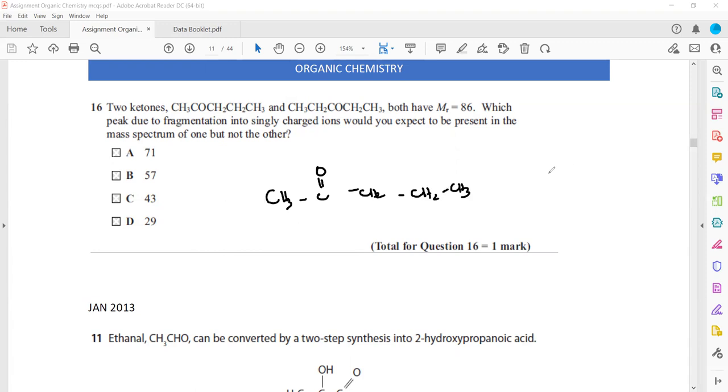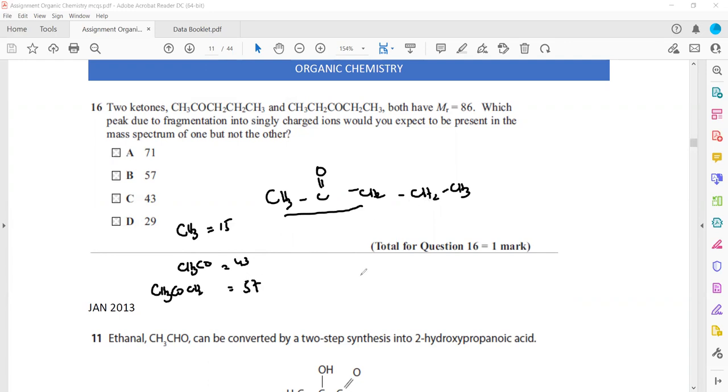So what will be the peaks for this one? If we break from the left side, one peak is due to CH3, so it will be 15. The other one will be CH3CO, so 15 plus 12 is 27, and 27 plus 16 is 43. Then 43 plus 14 is 57, that is the peak of CH3CO, CH2.